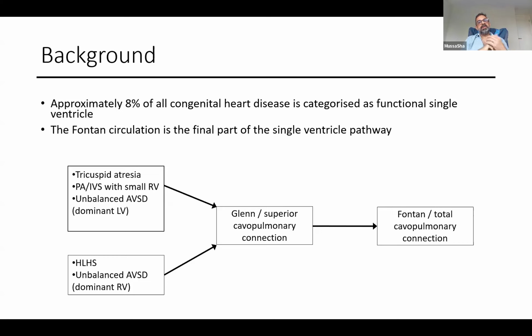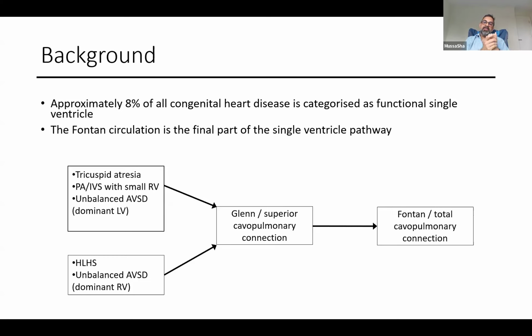And then the next step is to perform a Glenn or a superior cavopulmonary connection, whereby the systemic venous drainage from the upper half of the body, or upper third of the body, is redirected directly to the pulmonary circulation.